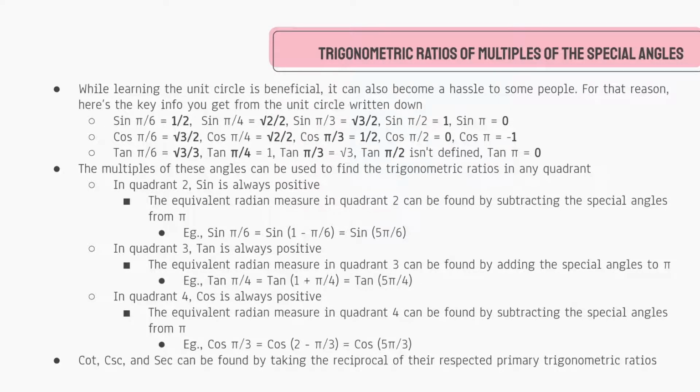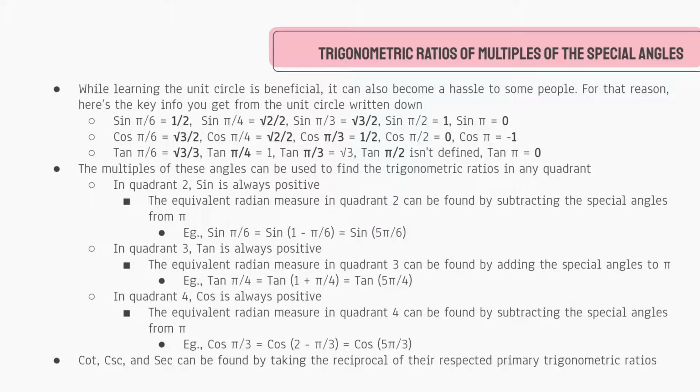Therefore, we could find what tan 5 pi over 4 is. Since it's equivalent to pi over 4, we actually get that it is equal to 1. Again, if you're using this logic for sine and cosine, since it's in quadrant 3, you need to add the special angles to pi and then add a negative to whatever value you've gotten.